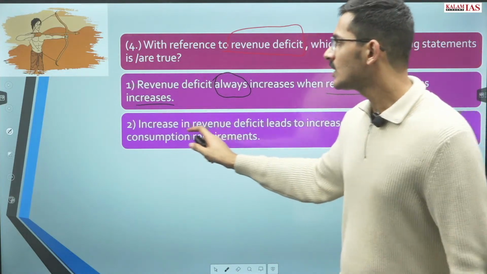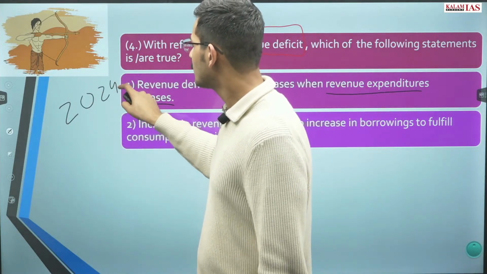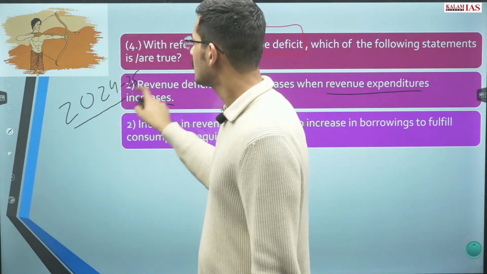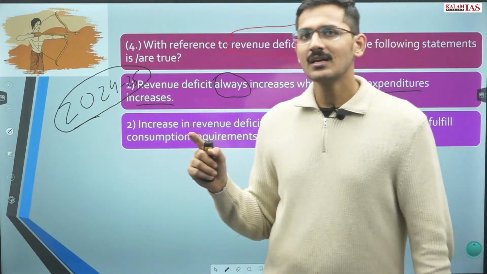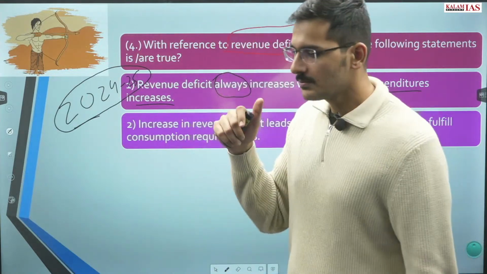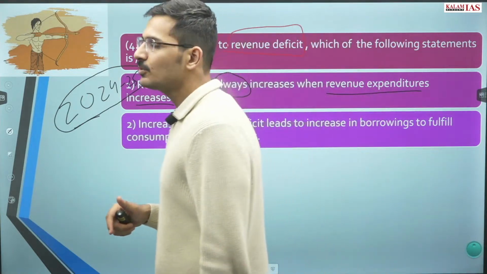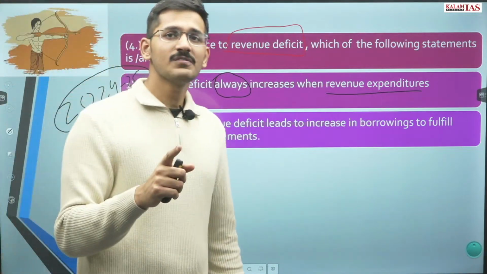Now, revenue deficit always increases when revenue expenditure increases. If you have seen the budget of 24-25, the interim budget of this year, revenue expenditure has increased as compared to the last budget, but the revenue deficit has decreased.